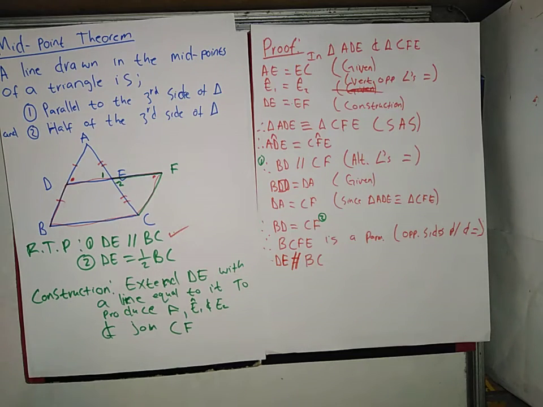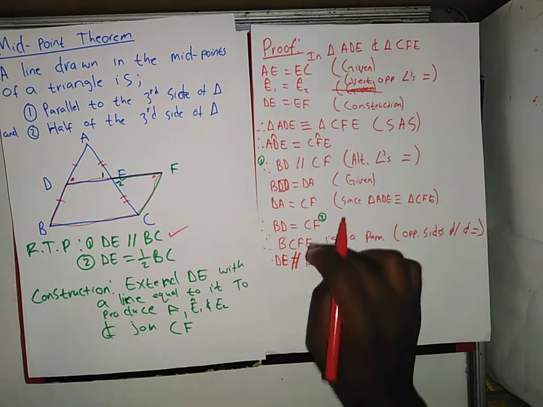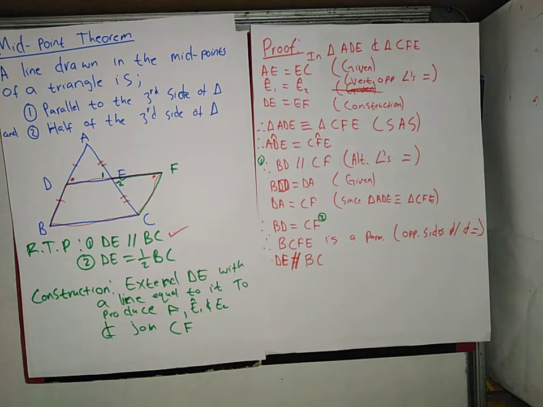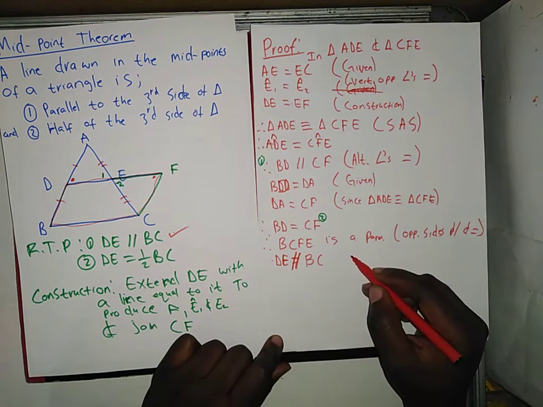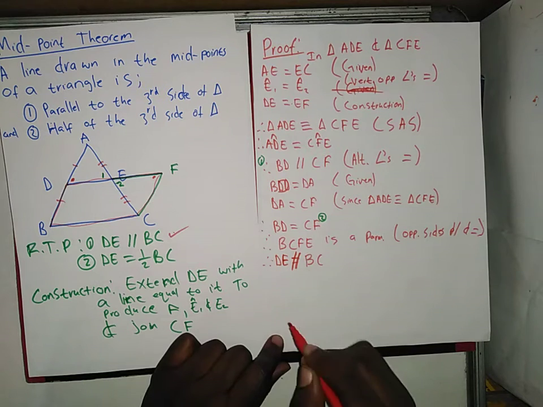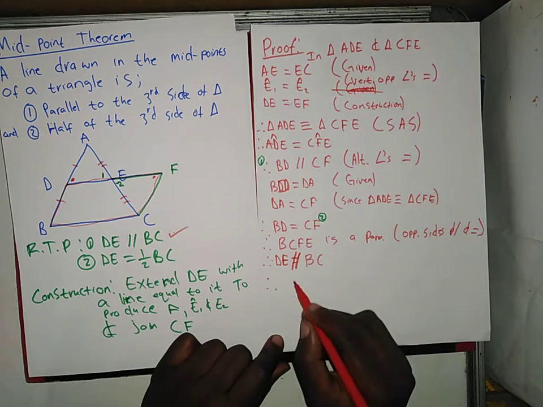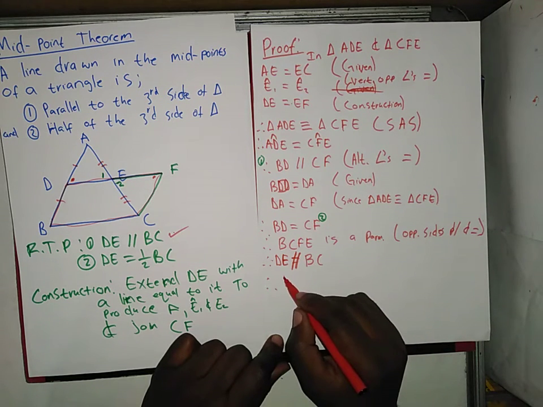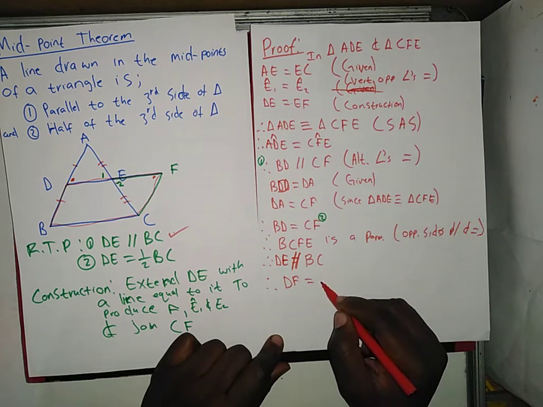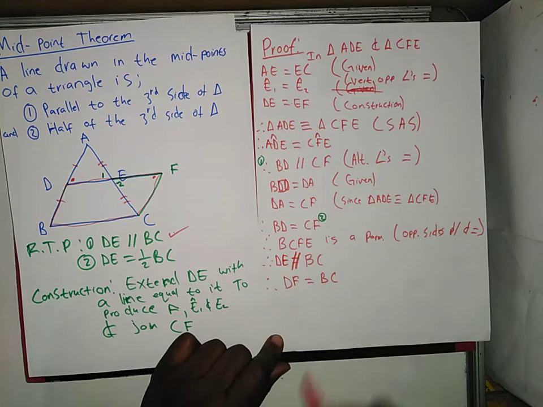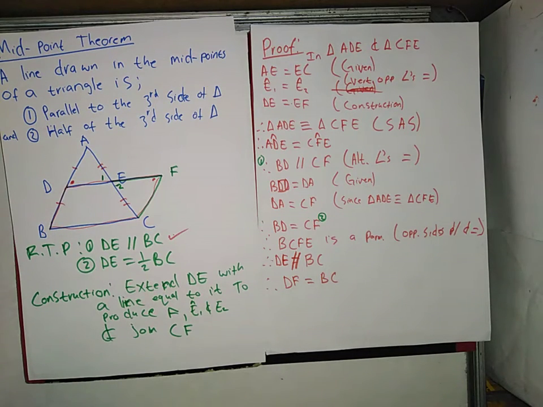So now we're only short with this, but because it is a parallelogram, for the same reason, therefore you will have DF being equal to what? BC. Remember, the opposite sides of a parallelogram are equal.